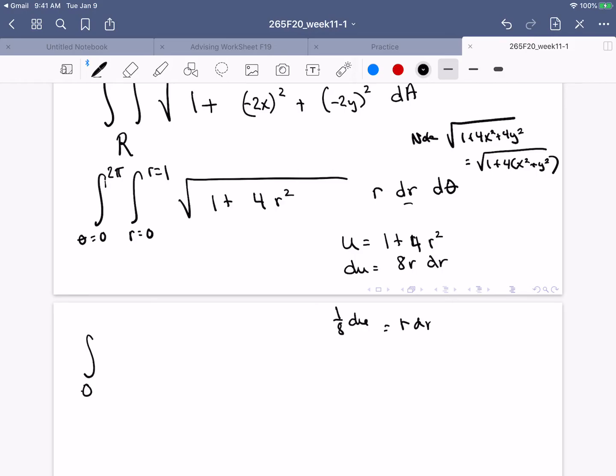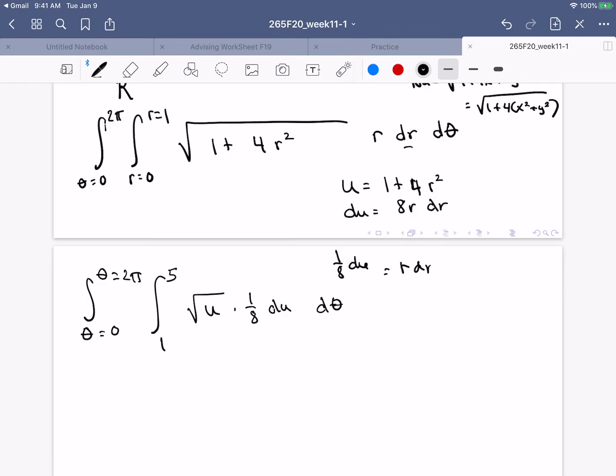So this would become the integral of theta going from 0 to 2 pi of, if r is 0, u becomes 1. If r is 1, u becomes 5. And this is going to be the square root of u times 1/8 du, and then d theta.